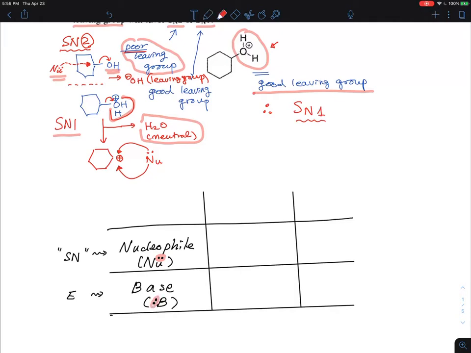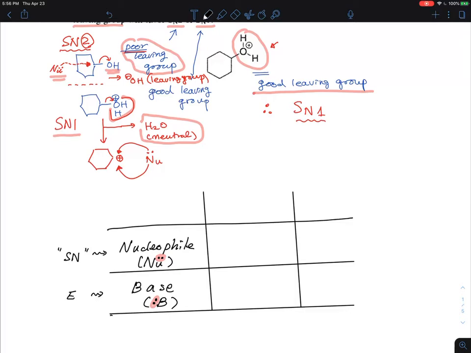That's a notation that organic chemists use. This is a base that's trying to take the proton from the carbon adjacent to the compound, and at the end, the elimination reaction will result in double bond formation.